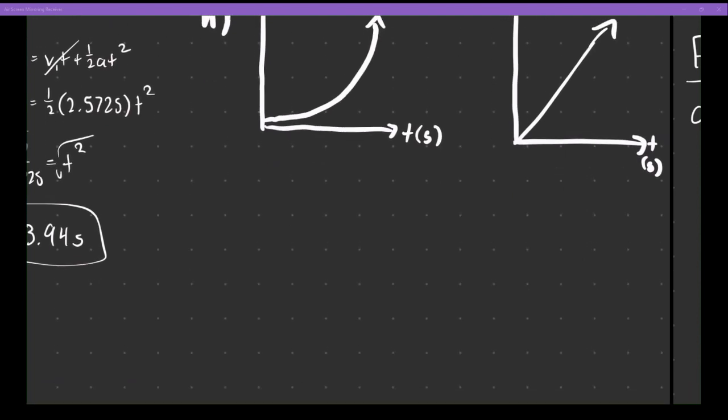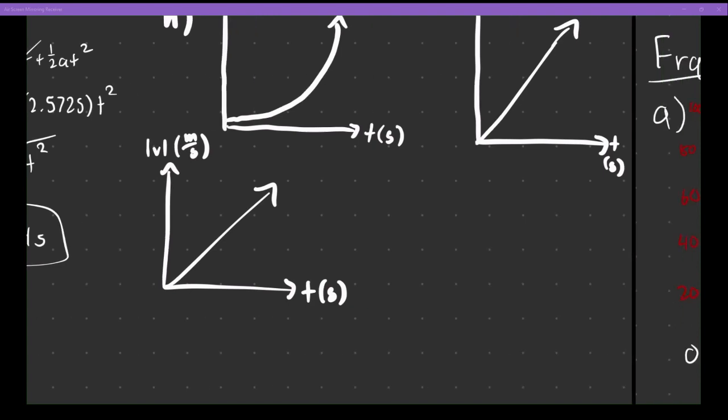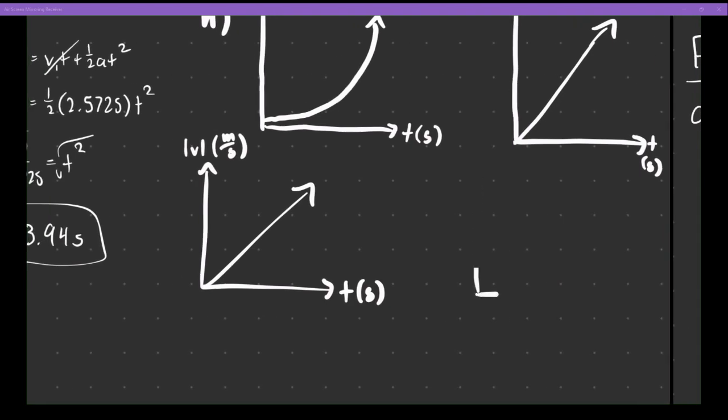I'm going to do the speed versus time graph now. So this is t in seconds. This is the absolute value of velocity in meters per second. And so it looks the exact same. There's no change. And then now the acceleration versus time graph. This is t in seconds.